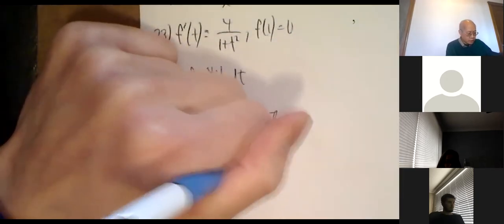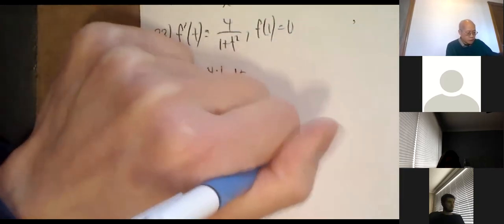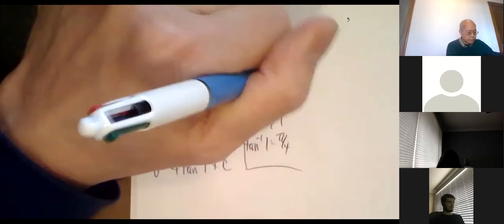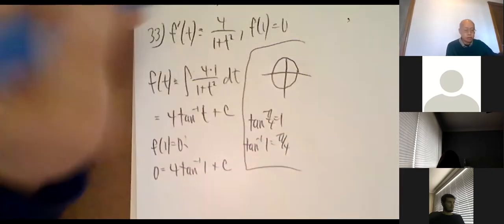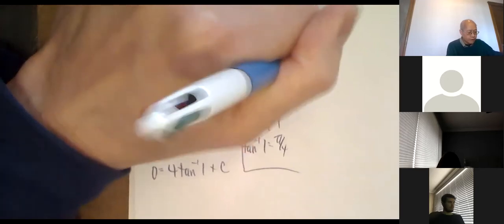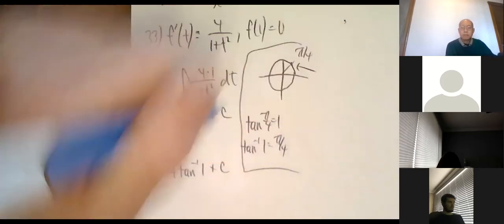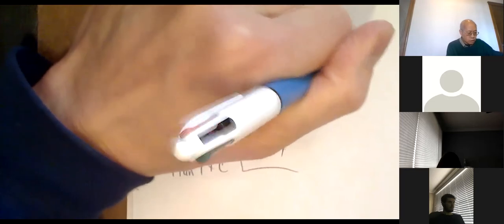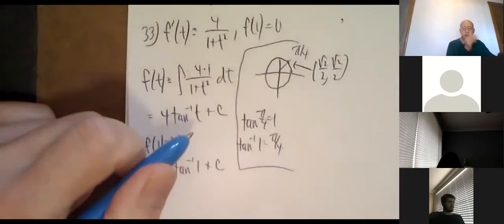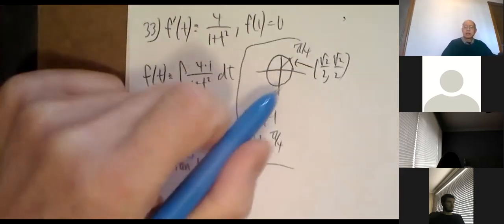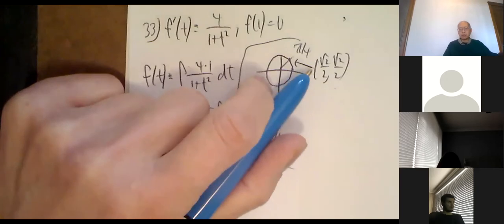You might recall on a unit circle, at pi over 4, 45 degrees, both x and y are radical 2 over 2. So if you take sine over cosine, it's radical 2 over 2 divided by radical 2 over 2, which is 1.